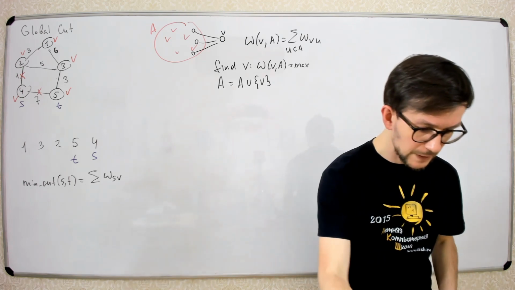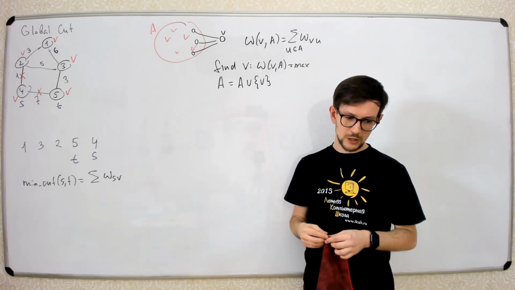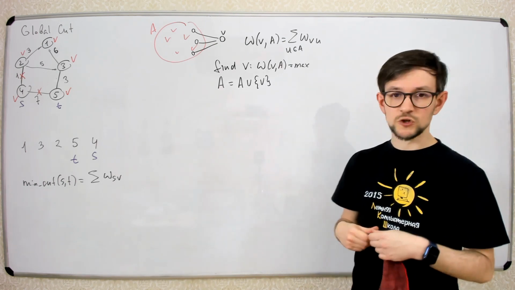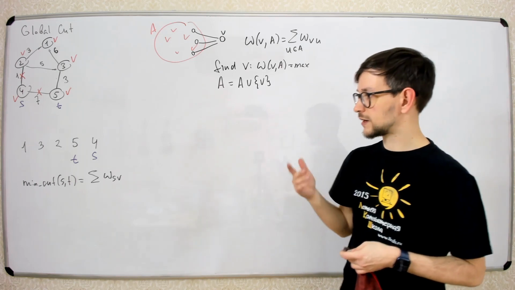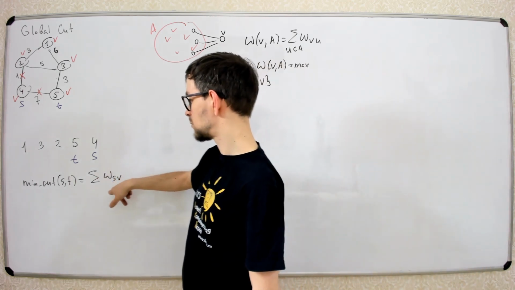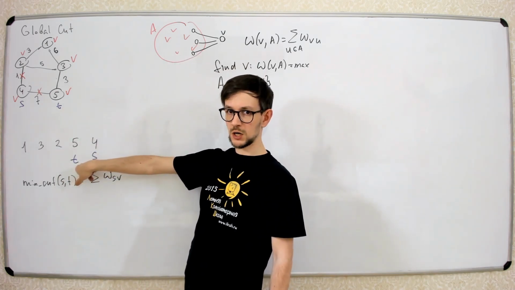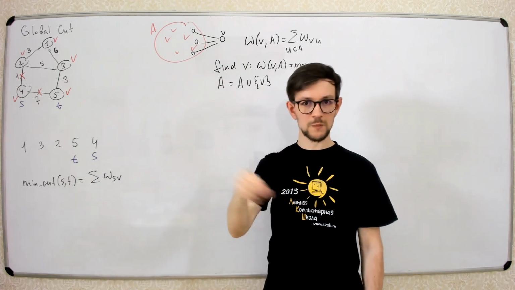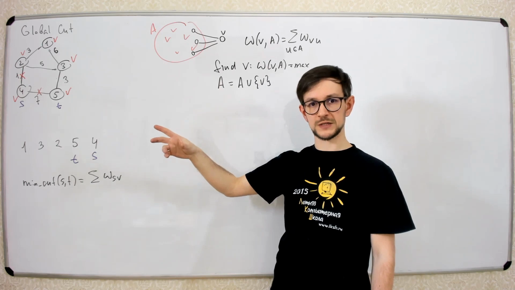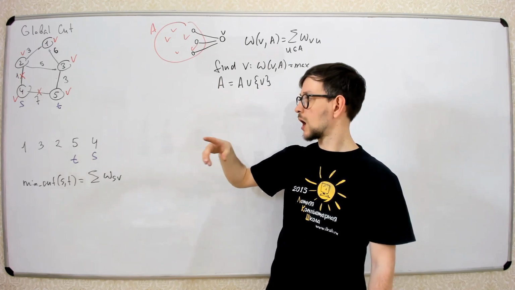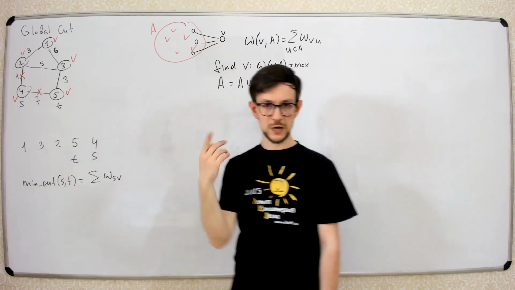Okay, let's go next. No, it's not the minimal global cut. It is a minimal cut between some nodes. So I claim that this sum is the minimal cut between nodes S and T. If I pick the two last nodes in this order, so I add the nodes one by one to this set A, I select the two nodes which were added last to this set. And I claim that the minimal cut between these two nodes is easily calculated.